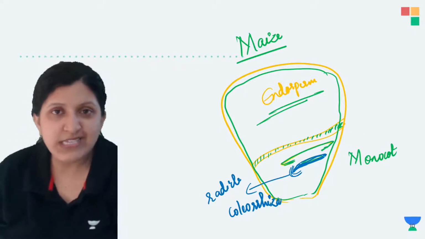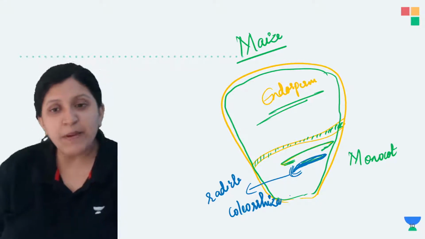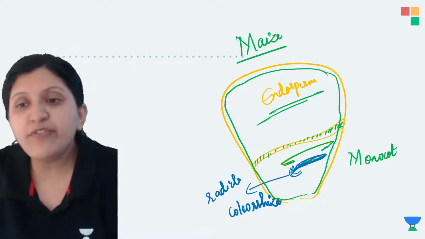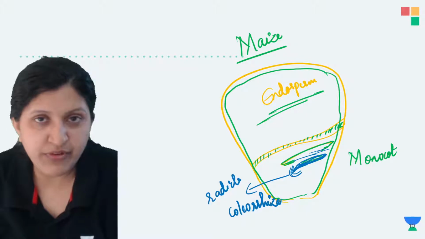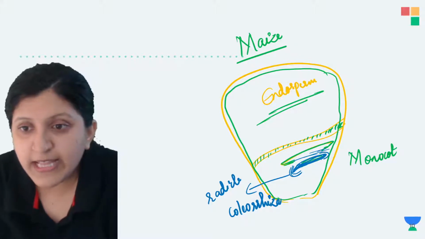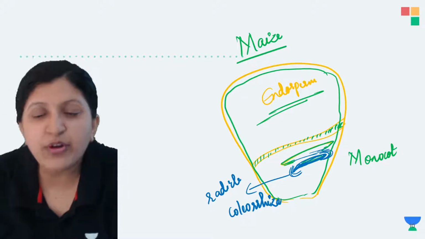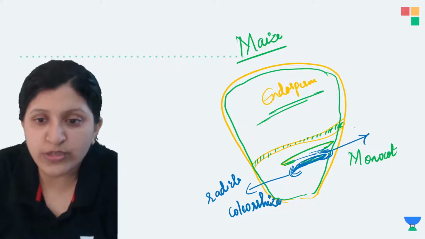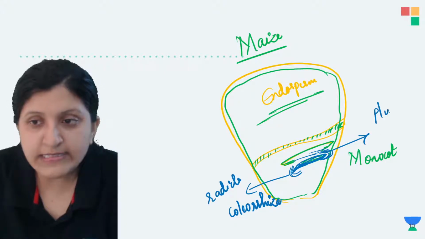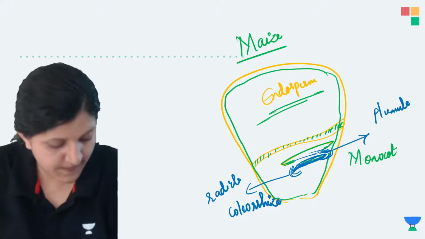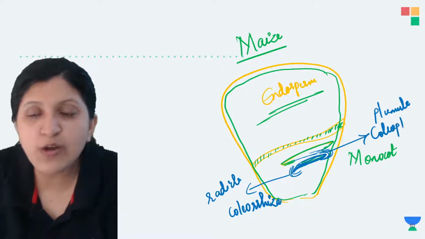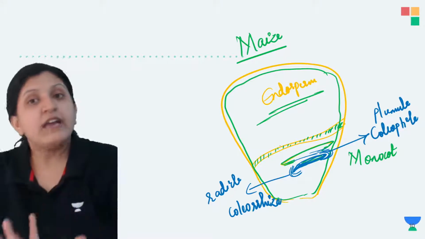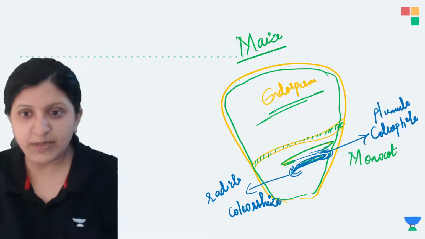One more term I'll explain so that you can clearly remember these terms. This is the papery cotyledon that you can find, and below you can find the embryonal axis. There is a protective covering for this as well, for the plumule, and that we call the coleoptile. So these are the coverings that you can find in a maize seed.